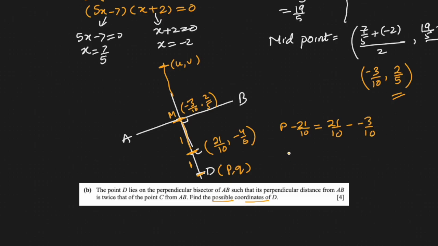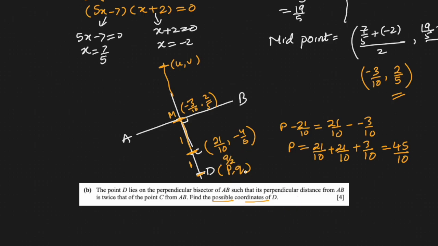And this will give us P. So how much does it come out to be? If I keep P here, we get 21 over 10 plus 21 over 10 plus 3 over 10, right? So it becomes 42 plus 3, 45 over 10, or 9 over 2. So P comes out to be 9 over 2.